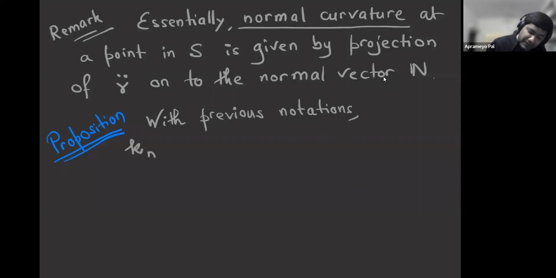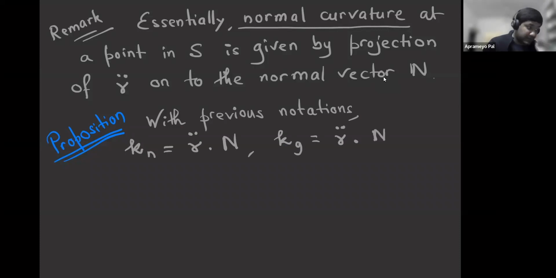So kappa n is nothing but gamma dot, you take dot product with n. Kappa g is nothing but you take gamma dot and dot product with n cross gamma. Moreover, kappa square is actually kappa n square plus kappa g square. This kappa is the curvature of the curve.